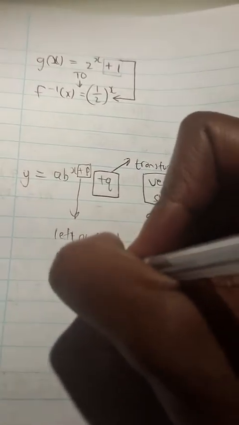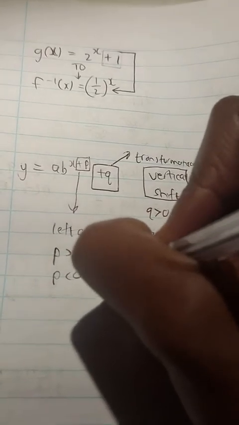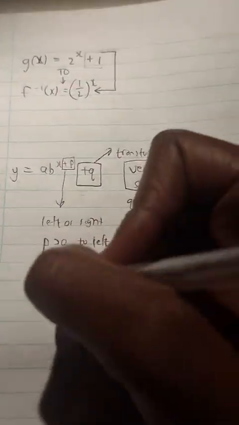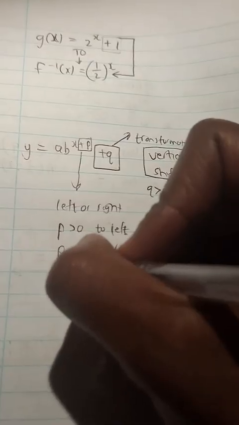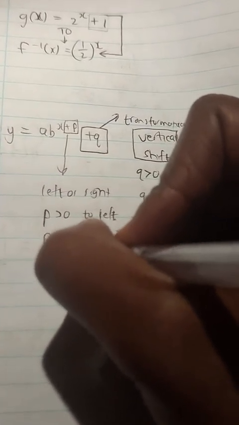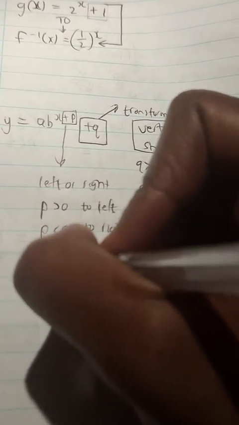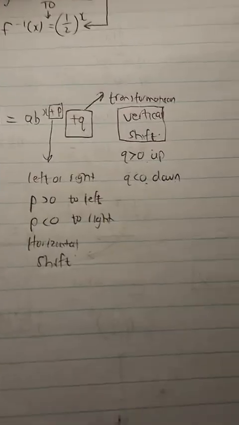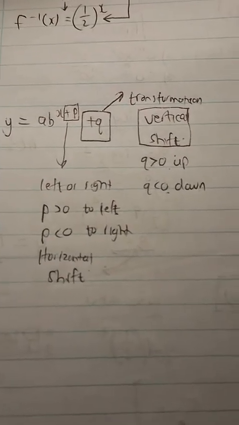P less than 0, to the right. So this is horizontal shift. These are the words or the terminology that we use when we are talking about the transformation.